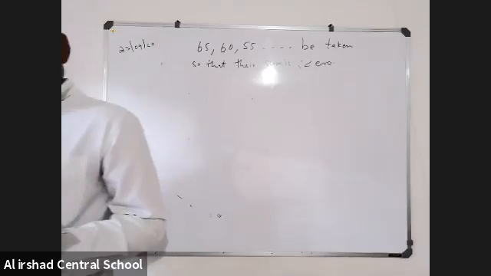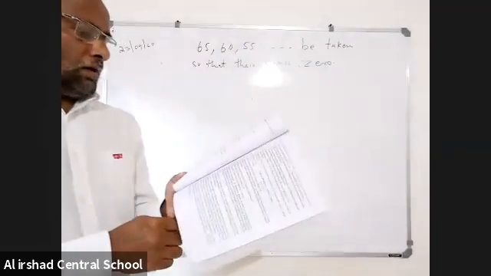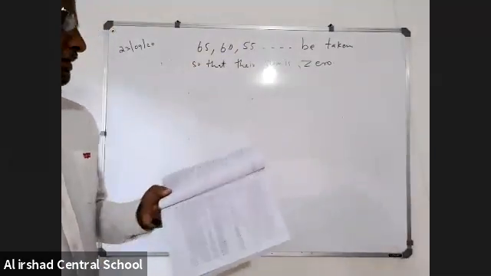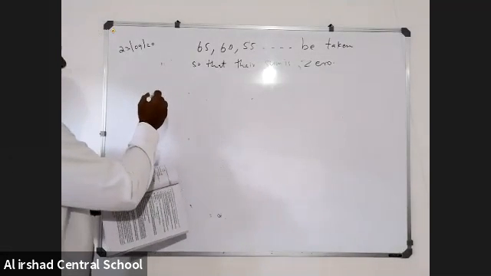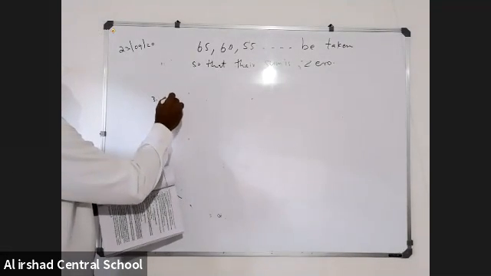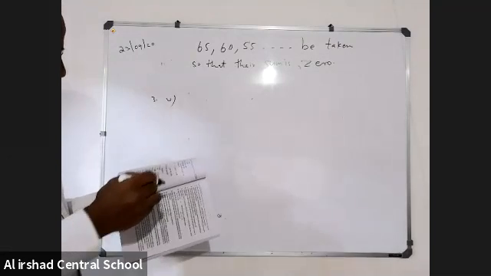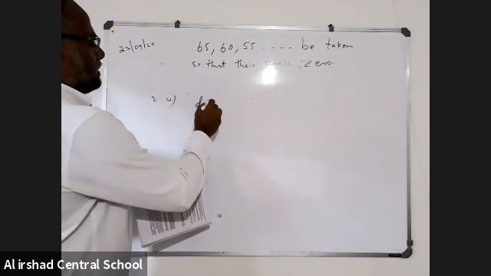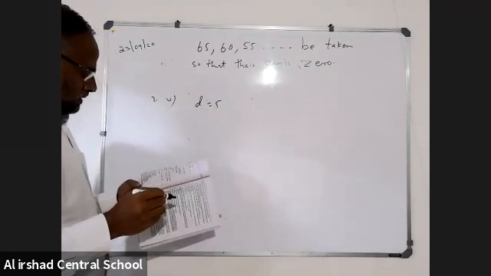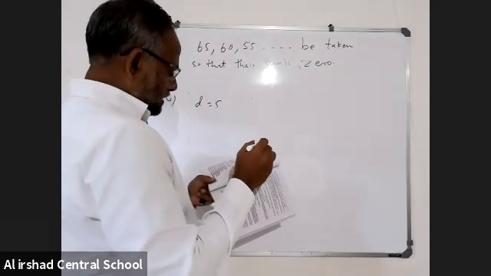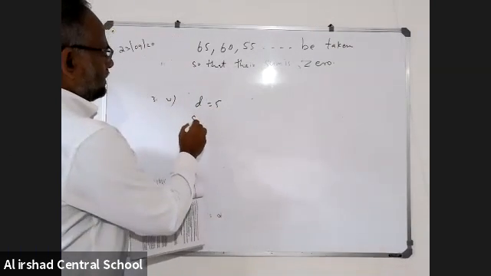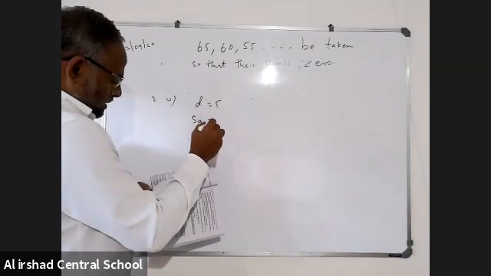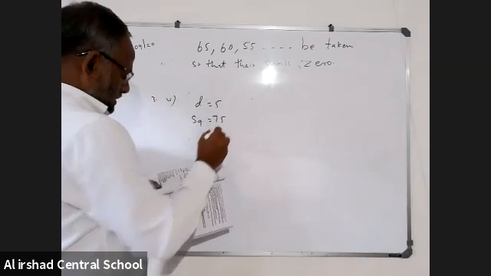Okay, fifth one. Given D is equal to 5 and S9 is equal to 75.